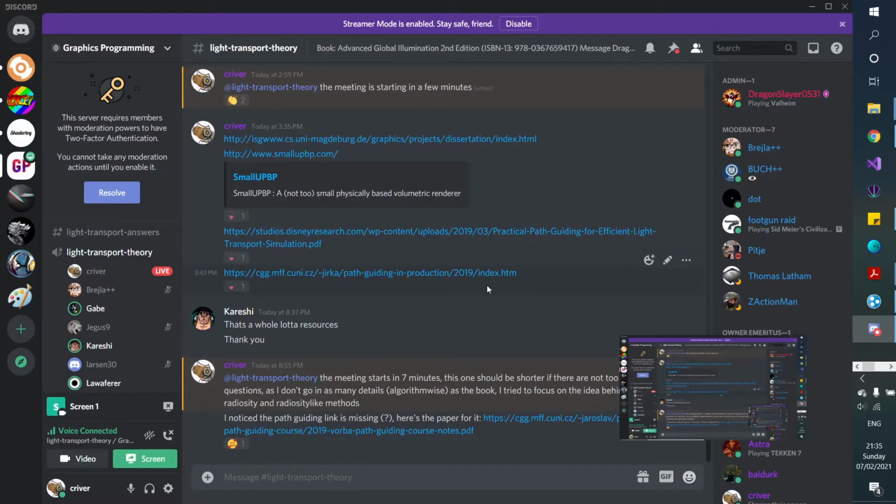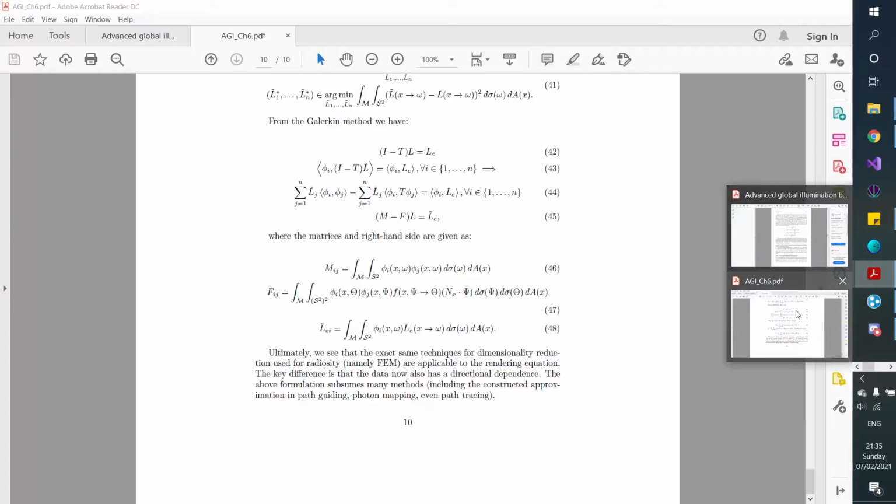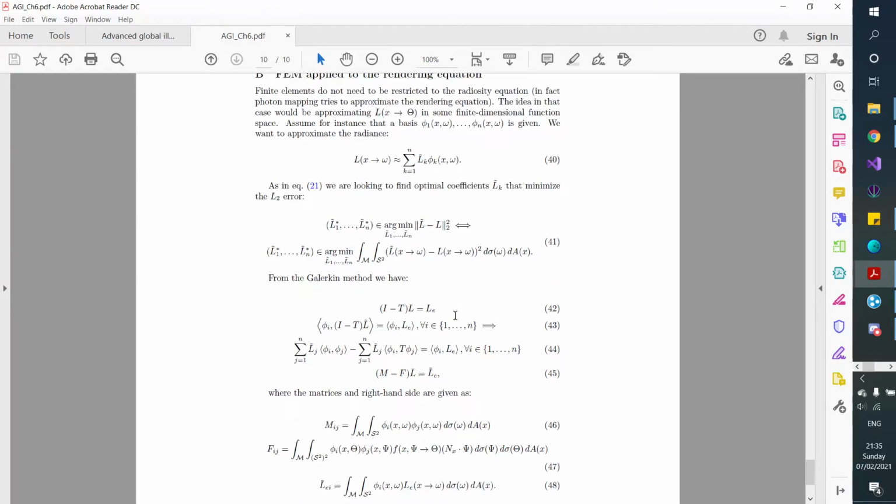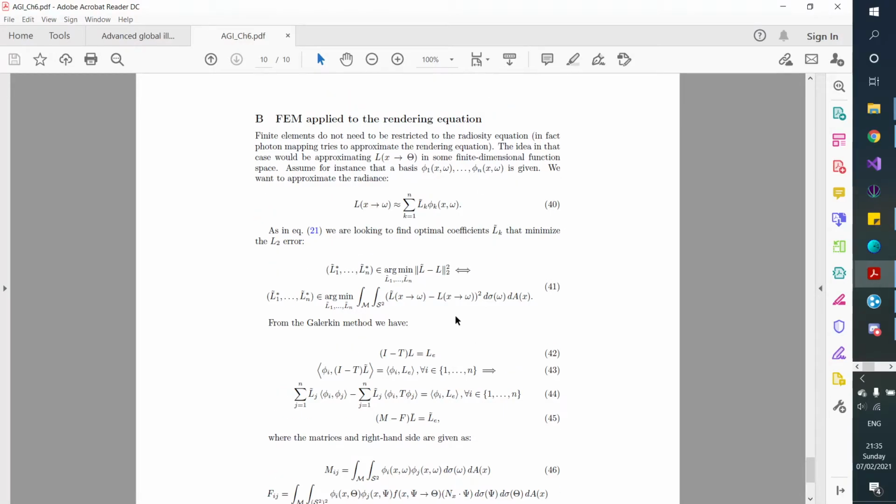Oh, that's fine. It's probably a finite element method, just like radiosity and instant radiosity. A lot of methods, even if people don't realize it, even path guiding, fall into this framework. What do you do in path guiding? You discretize your scene, and then you discretize the directions, and then you keep coefficients for each of these cells.